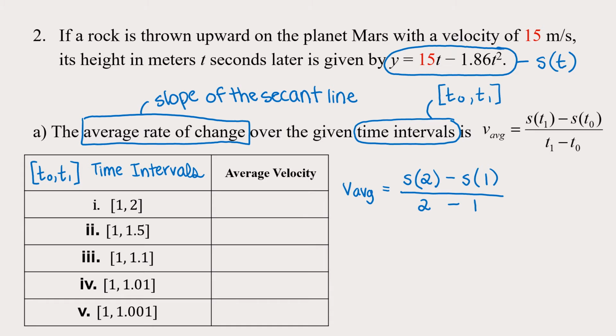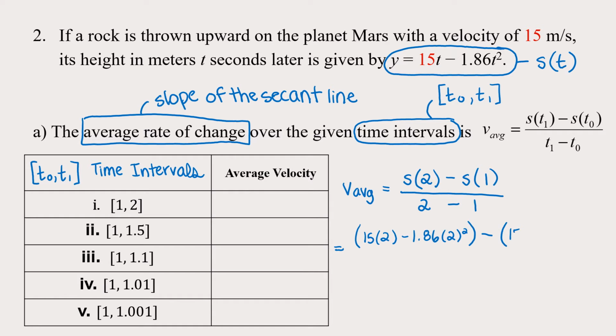And when we substitute this into our function, we'll get something that's rather a mess. So this will be s of 2, so that's 15 times 2, minus 1.86 times 2 squared. So that's our s of 2, minus s of 1, substituting back into that position function.